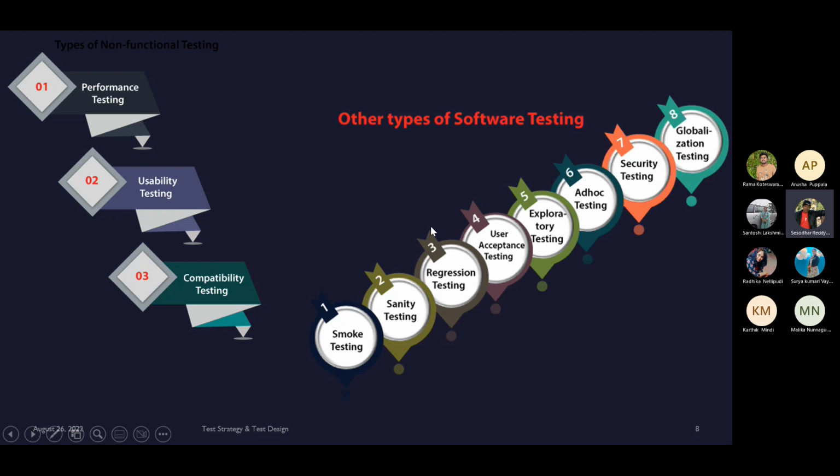Then we have the types of software testing which include smoke, sanity, and regression. I have already given definitions and some basic understanding of these in part one. In case you need more attention, I already attached a PDF document which I'll share after this presentation.